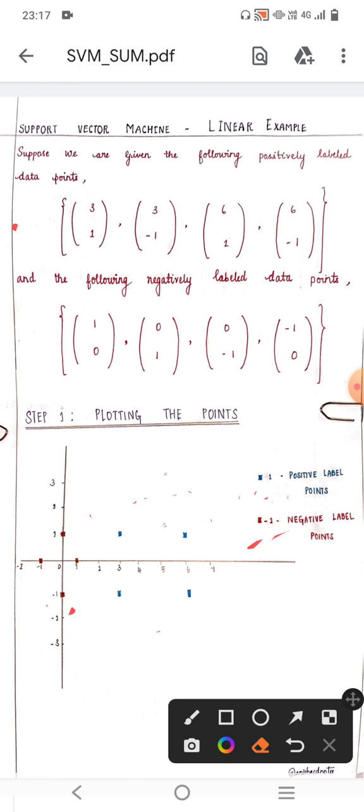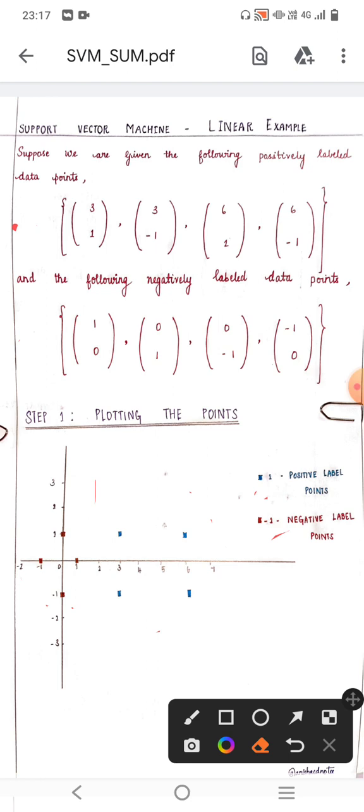We have to observe the diagram after plotting, and we can find that approximately a hyperplane can be found. If you divide it at 2, the positive and the negative label points will be clearly separable. So this is our assumption. Let's see whether we can arrive at this conclusion at the last step.